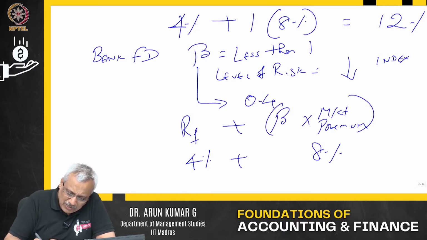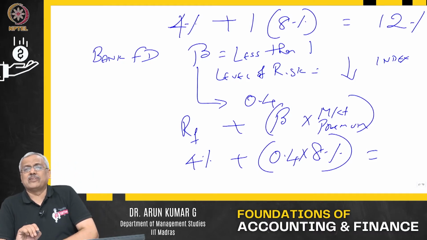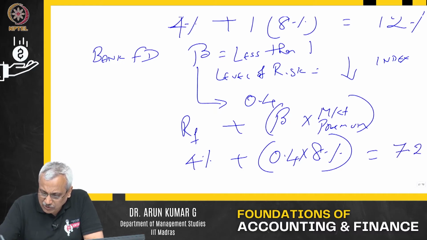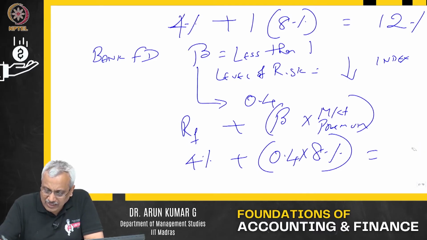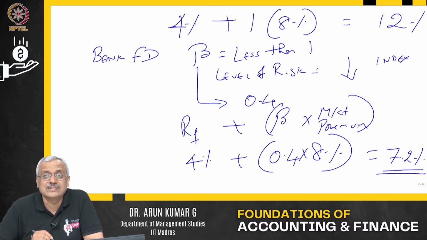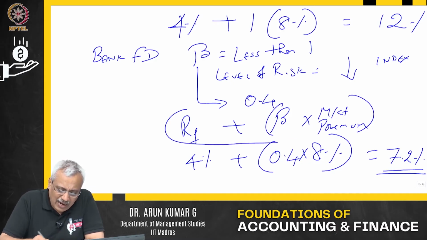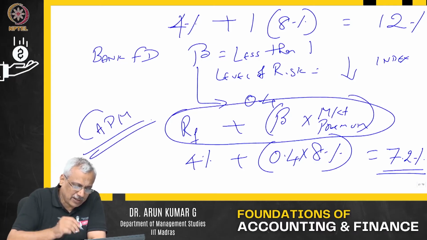Now, I know the beta of the investment is 0.4, so 0.4 into 8% plus 4% is 3.2 plus 4, that is roughly 7.2%. That is going to be the expected return, found from this, and this is what we call the CAPM, capital asset pricing model.